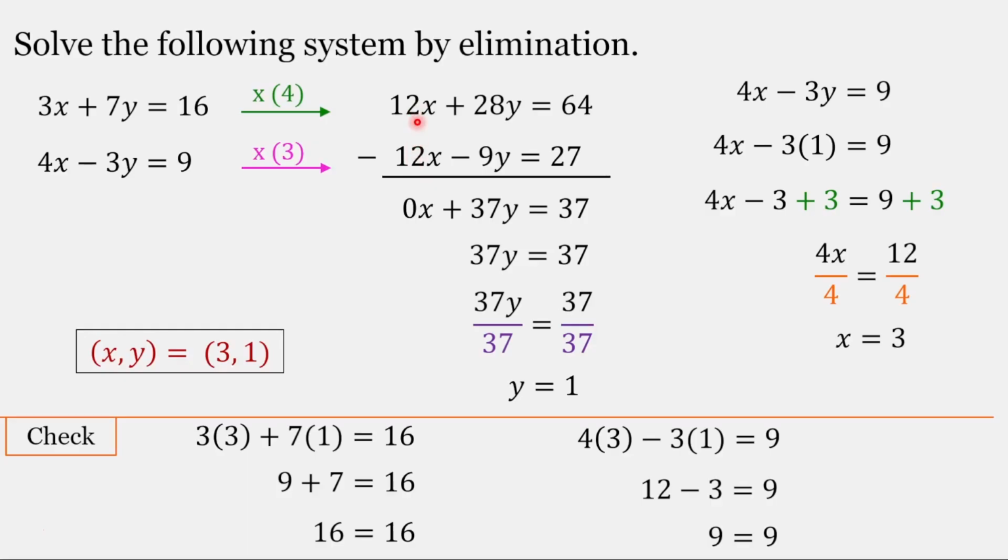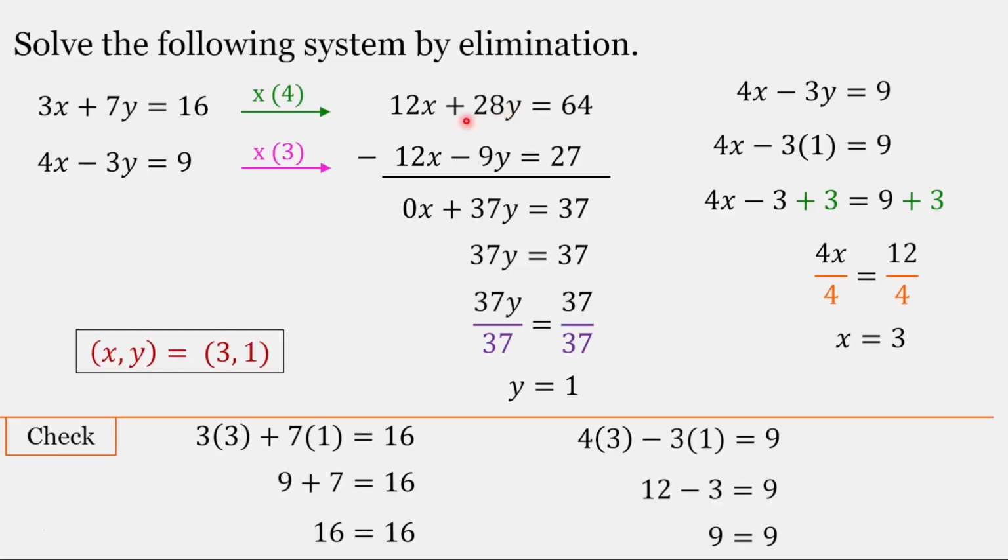So instead of adding the equations, I subtracted the second equation from the first equation, because subtraction is addition of a negative. But when you do this, you have to subtract all the terms in the equation. So here we have 12x minus 12x, resulting in 0x, so we eliminated the x variable.